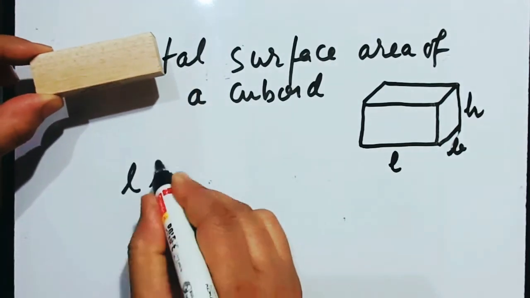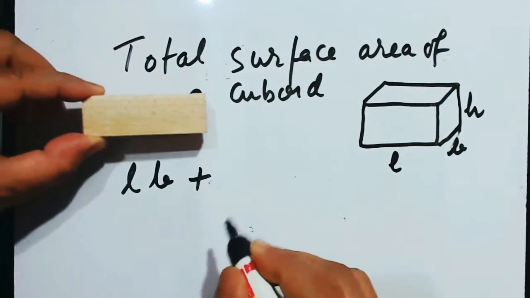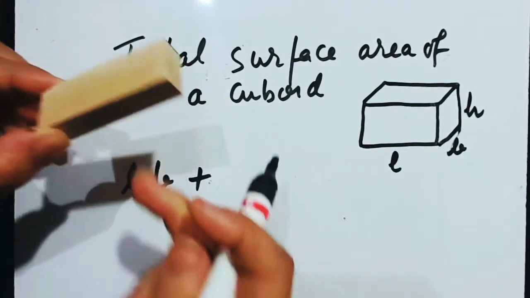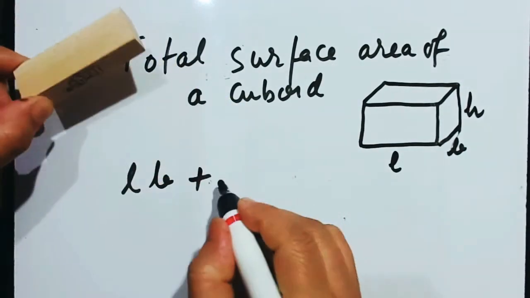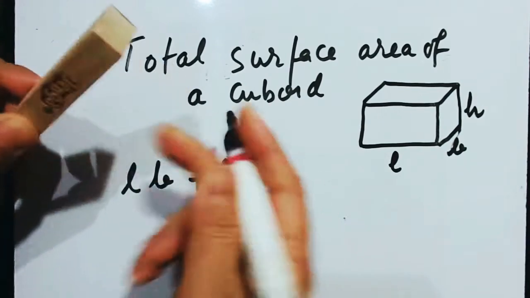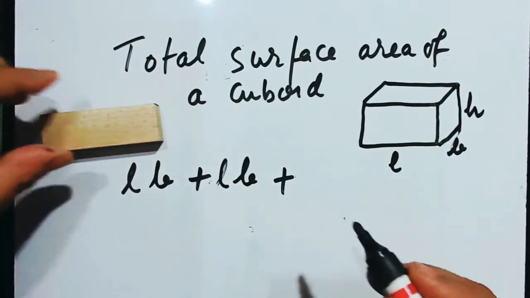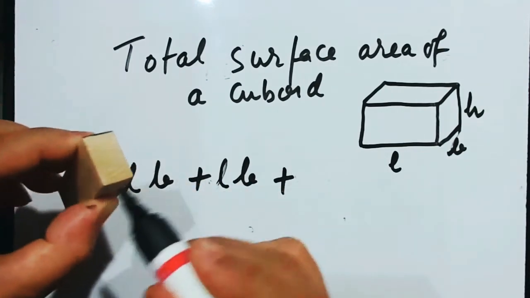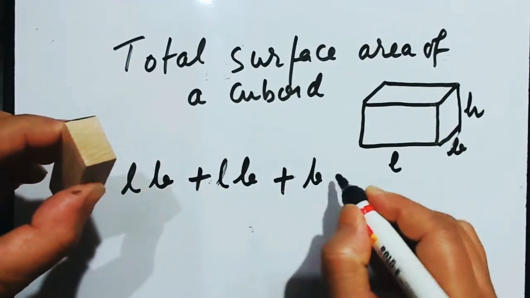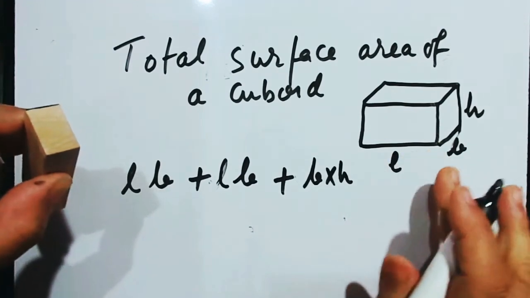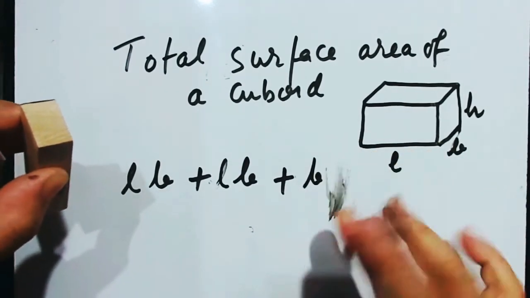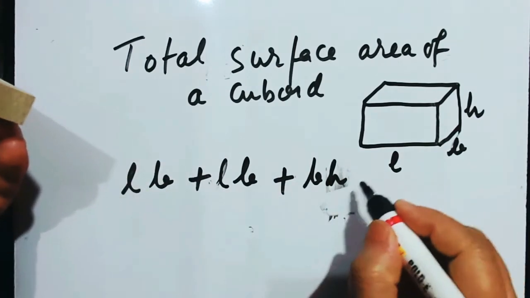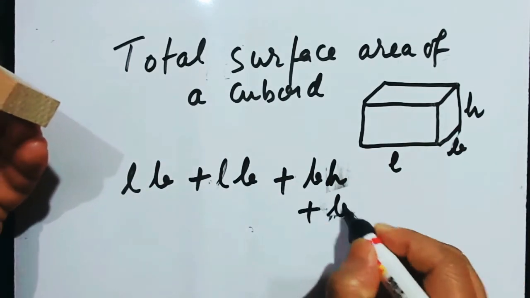This will have L into B, because the area of the rectangle here is L into B. Now the same face is over here also, so plus LB once again. Now the surface area of this particular portion: this is your breadth and height, B into H. Similarly, one more BH over here.